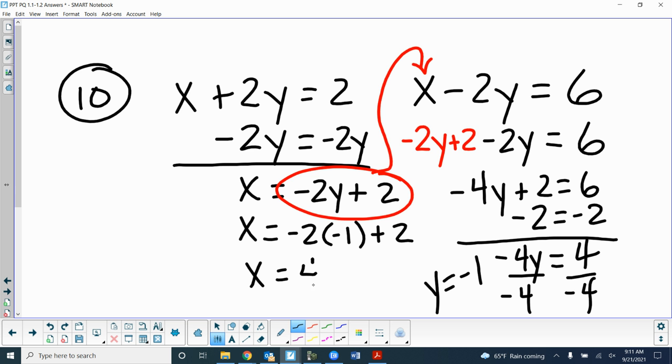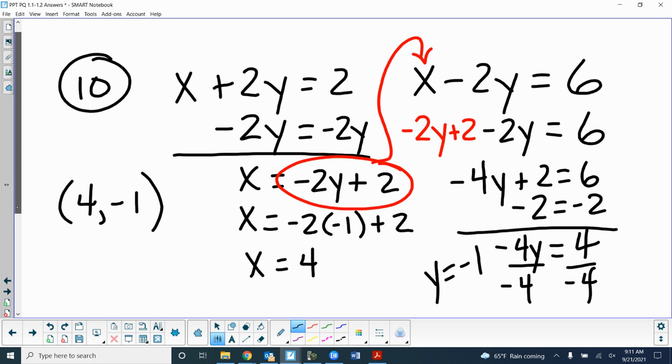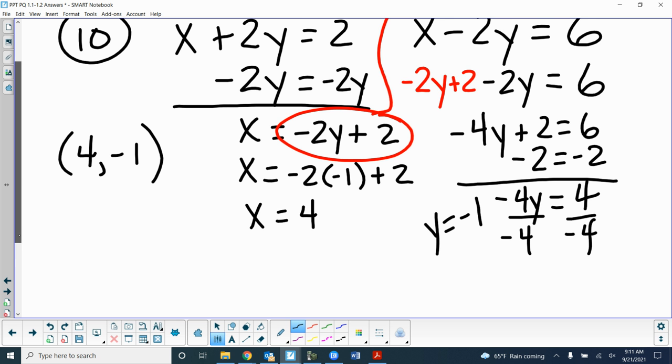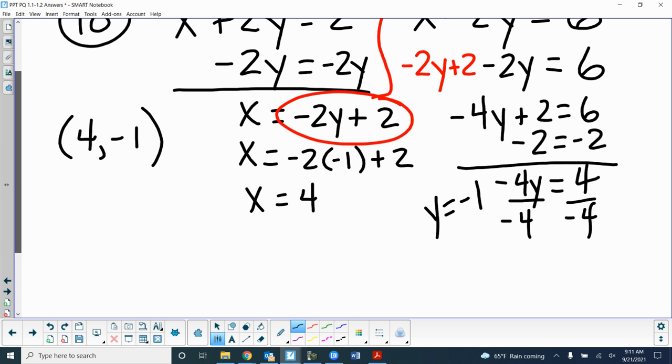Plus 2 is 4, like Caitlin said. So our ordered pair would be 4, negative 1 for number 10, using substitution. So do the correct method. I want you to be able to do both methods. Questions? Hopefully you remember. All right?